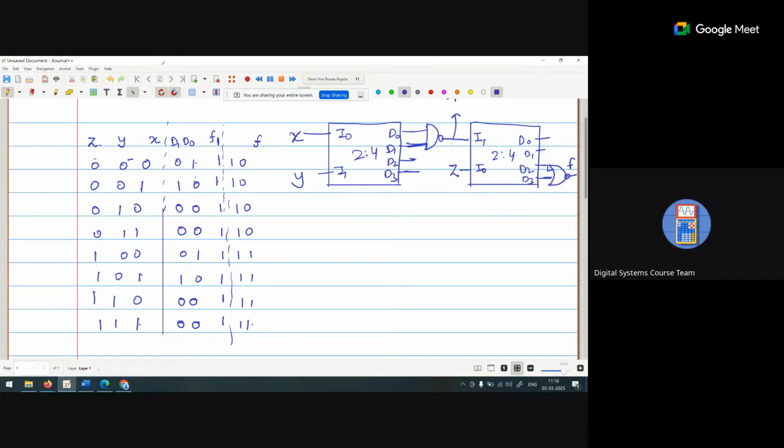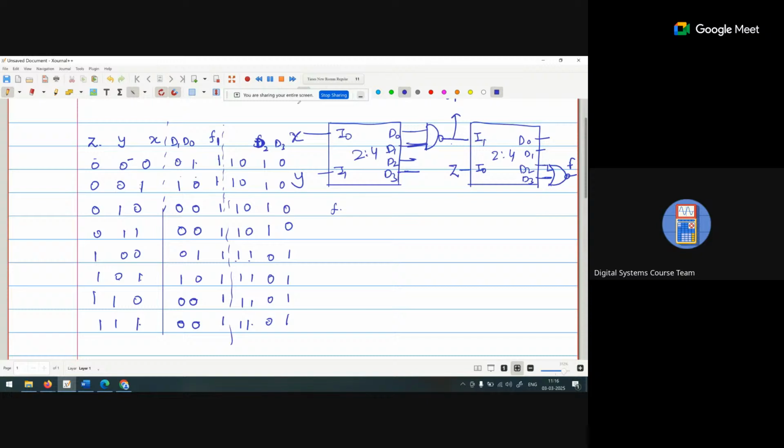Okay, so F: if it is 1, 0, D2 is what? 1. And D3 is what? 0. When it is 1, 1, D3 is 1 and D0 is 0. And what is F?